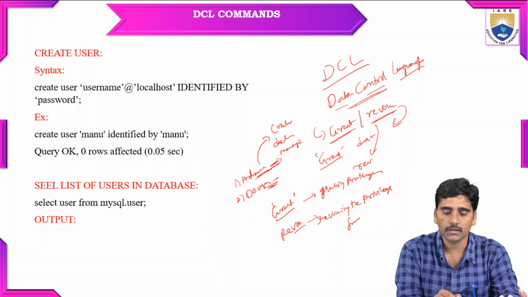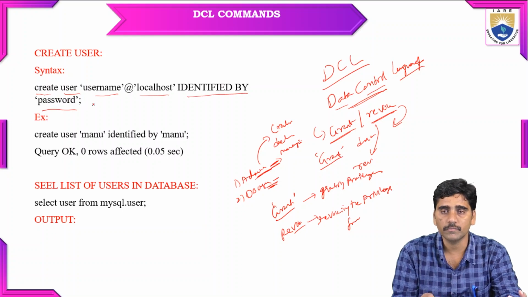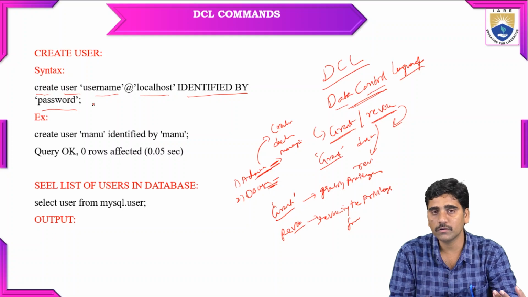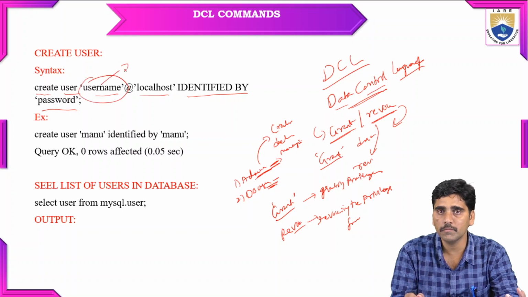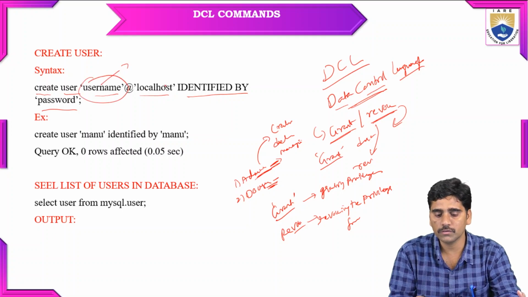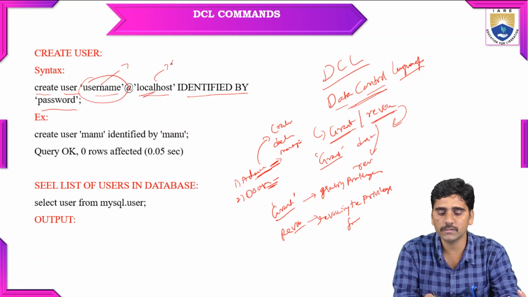The syntax for creating a user is: create user username@localhost identified by password. Whenever you want to create a database user, you use create user and the username. This is where you mention the username and @localhost, which is specified by your system.